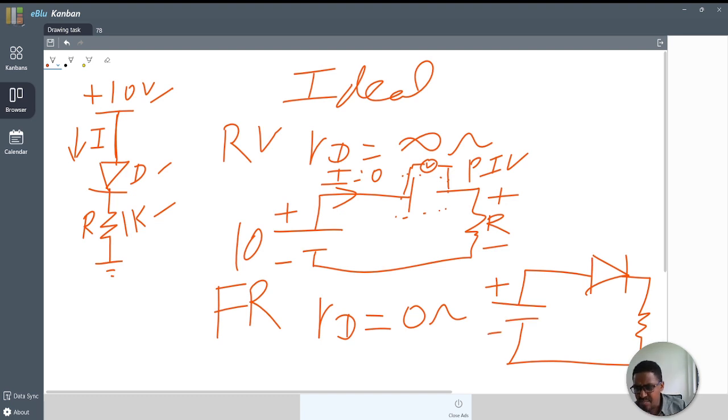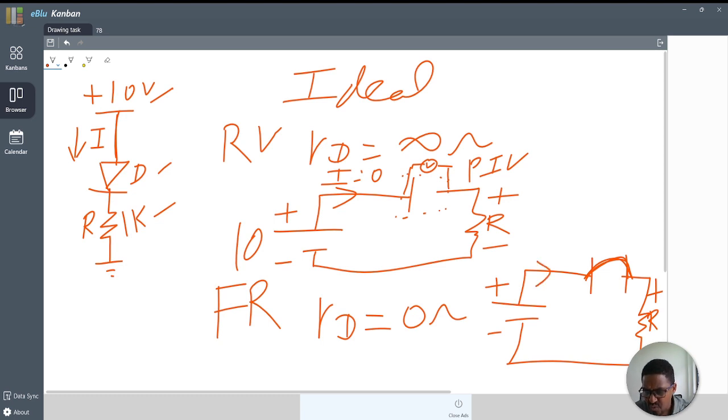During this time, the diode becomes a conductor, like a closed switch. So a voltage drops across our resistor.